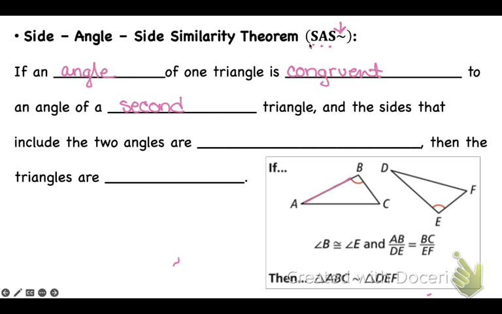It means the sides that make that angle, right? The sides that include the two angles are proportional. Then the two triangles are similar.